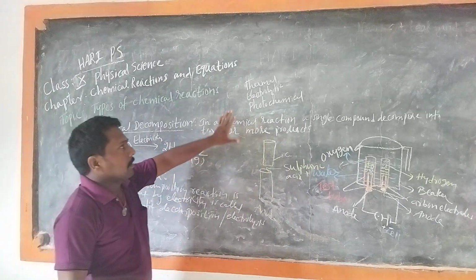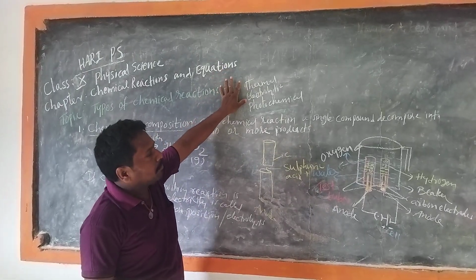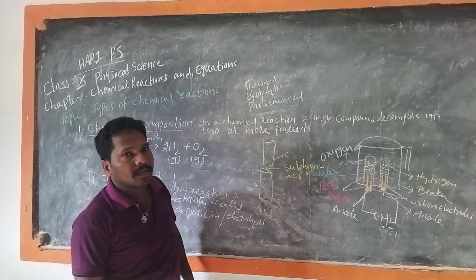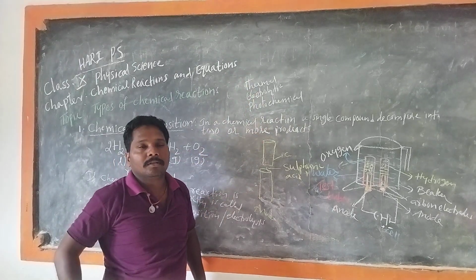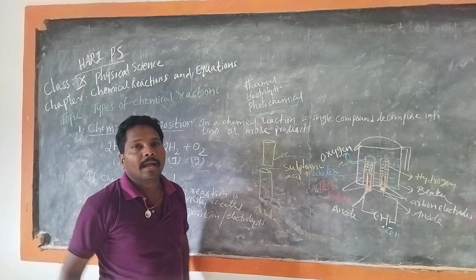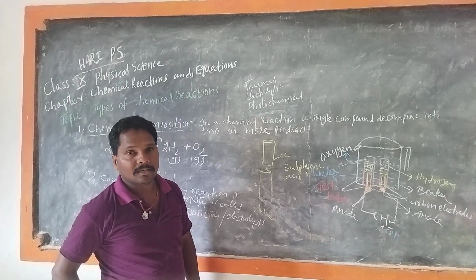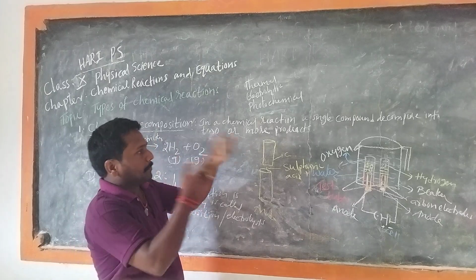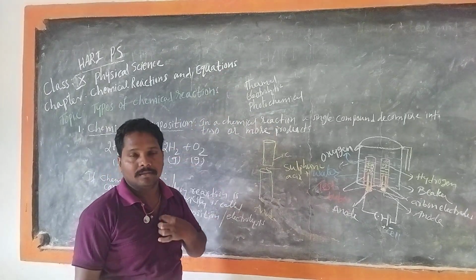Observe these: thermal decomposition, electrolytic decomposition and photochemical decomposition. All these decompositions are carried out by absorbing energy. Here the energy is in the form of heat, light and solar energy.